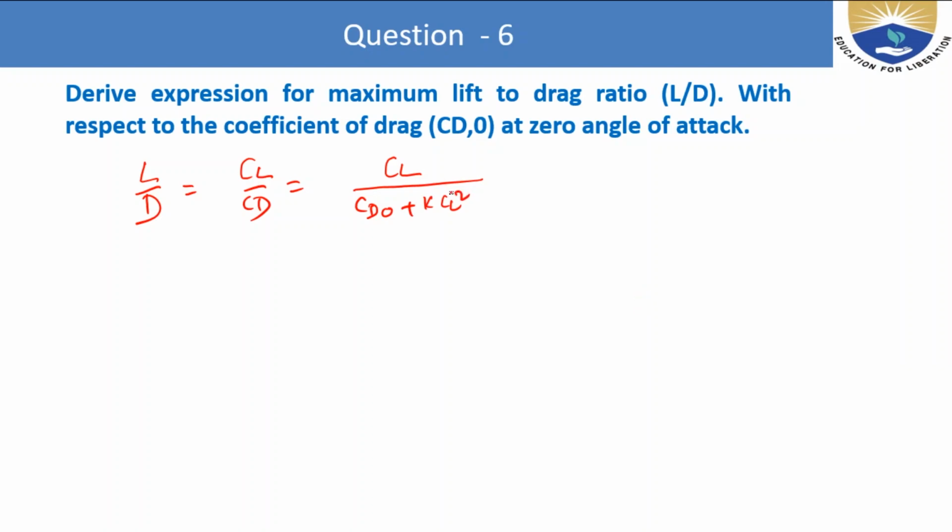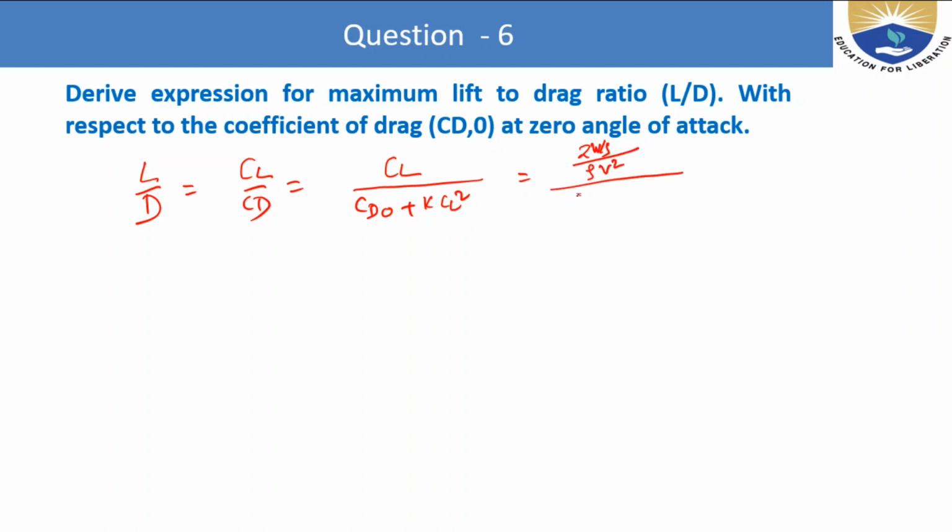So the L by D ratio depends upon the drag and this CL square, and if we put this value here, CL is equal to 2 W by S rho V square.